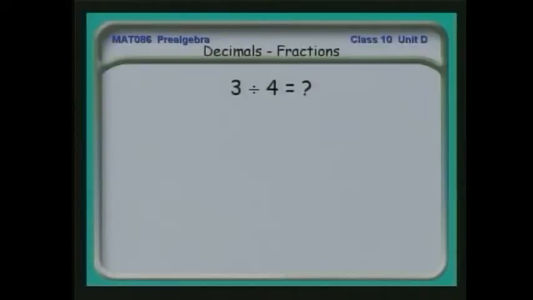Another thing we need to do is often to change a fraction to its equivalent decimal. For example, if I have 3/4, that actually means 3 divided by 4. I can do that as a division and take 4 and divide 3 by that.